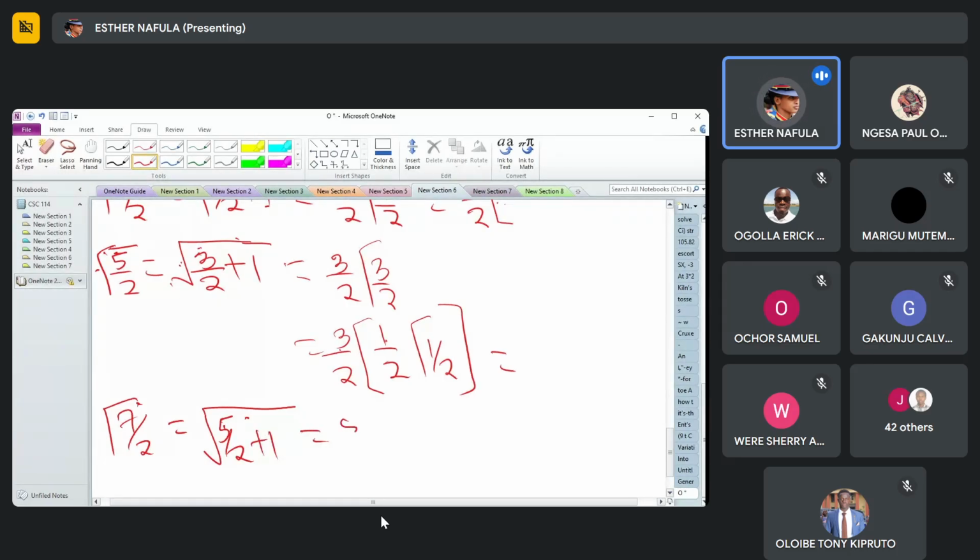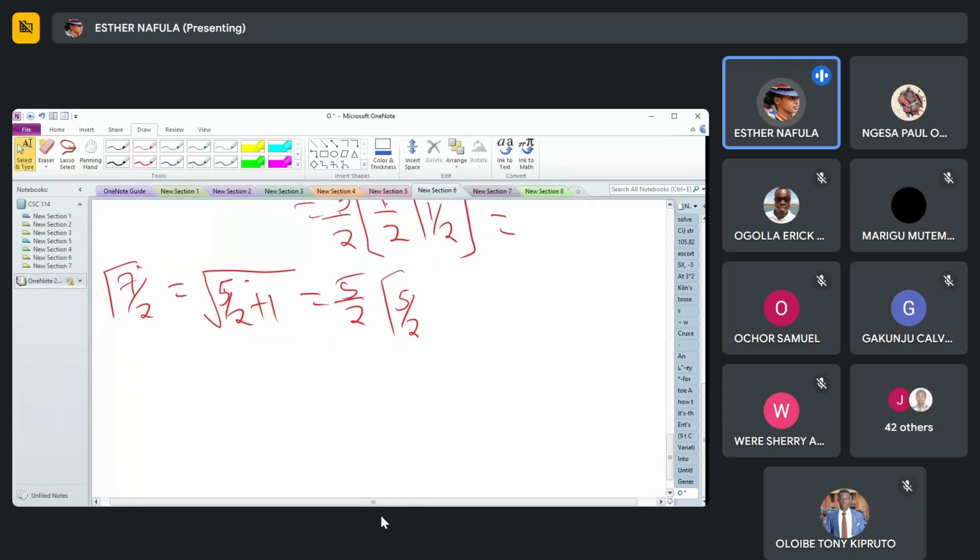So this is 5 over 2 times gamma of 5 over 2. But in our previous step, we have gamma of 5 over 2. This is 5 over 2 into 3 over 2 into a half into gamma of a half.